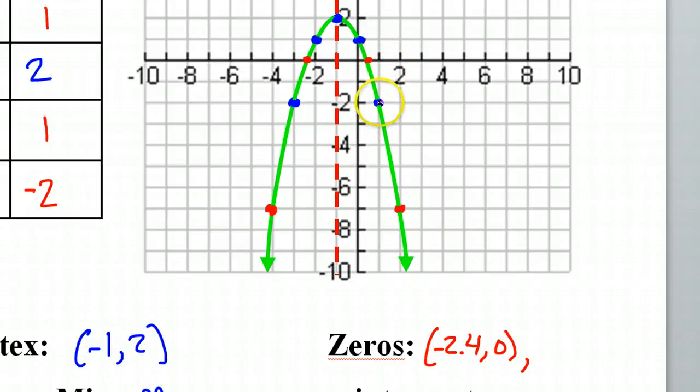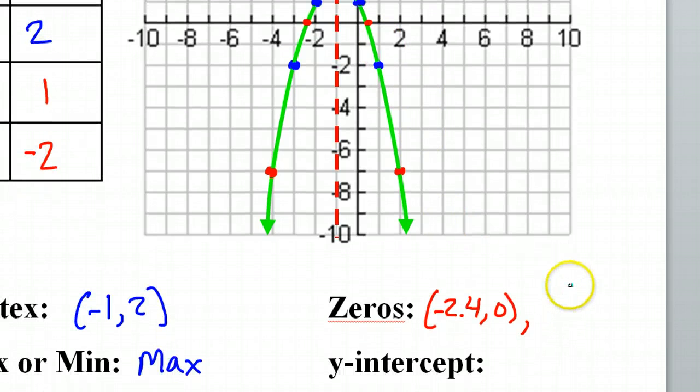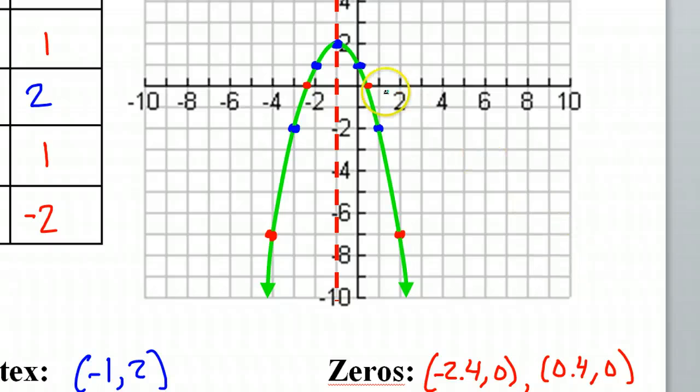We already have a point at 1 for sure. So the x value you name right here has to at least be something between 0 and 1, but it can't be 0 or 1. So 0.4 comma 0.